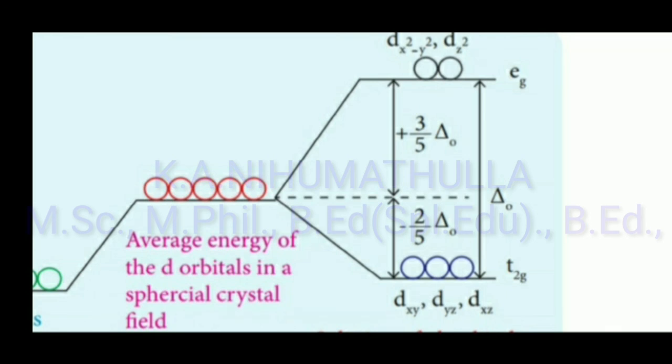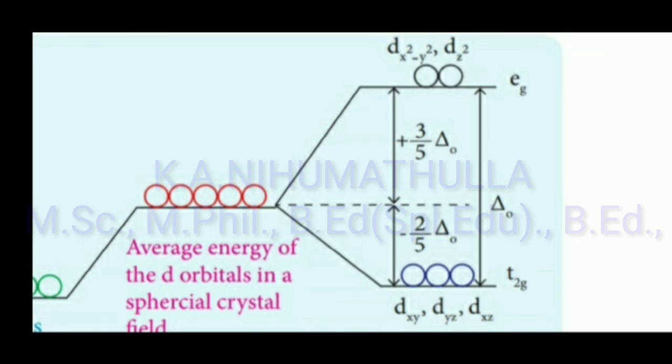Among the 5 d orbitals, 3 d orbitals, dxy, dyz and dzx, have lower energy, and these three orbitals approach the central metal ion between the axes.